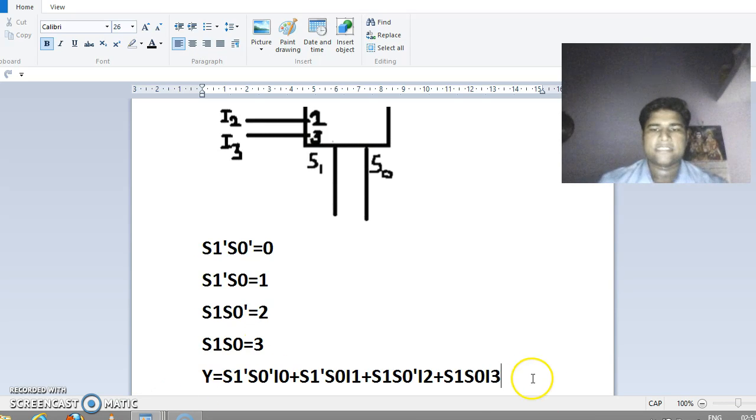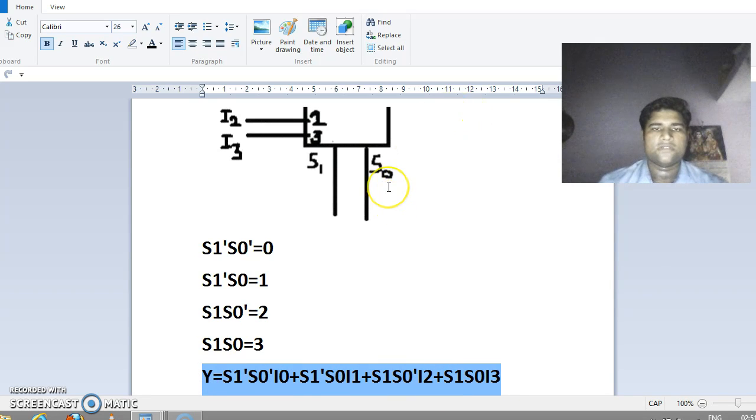So this is the Boolean output function of this 4:1 multiplexer. Very simple and very easy.